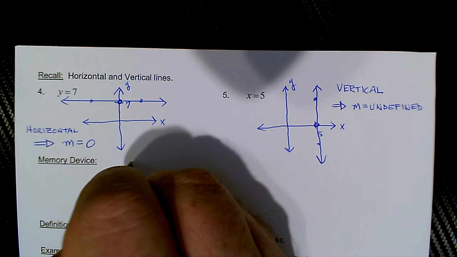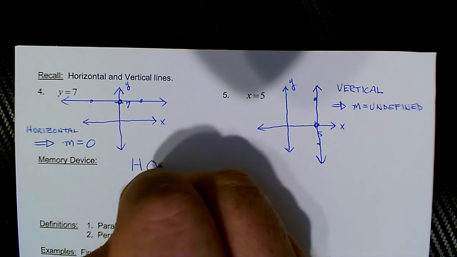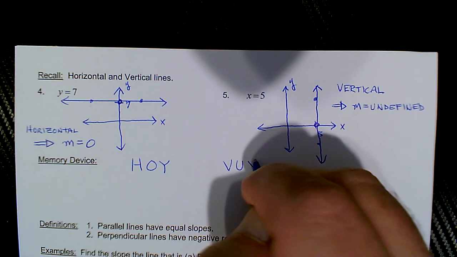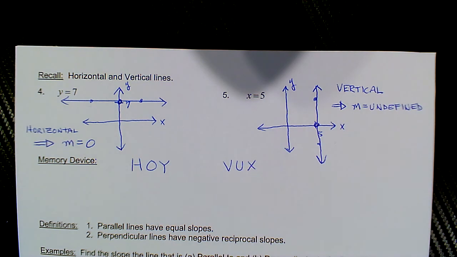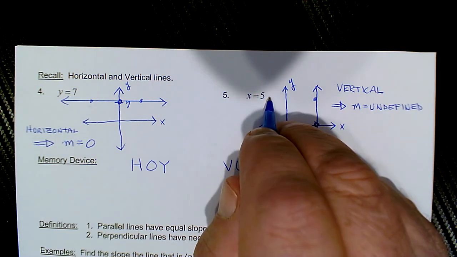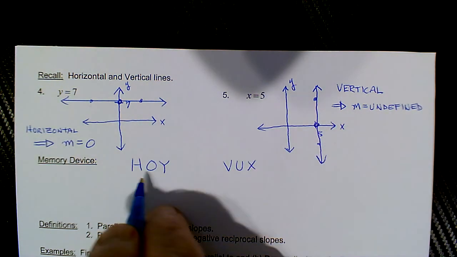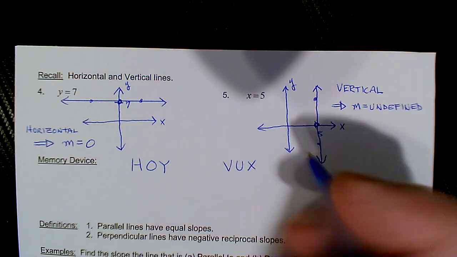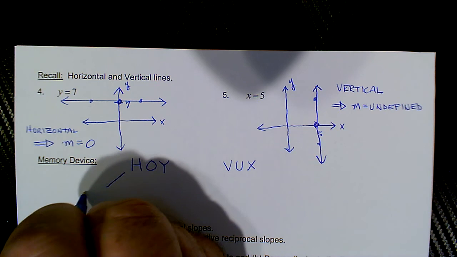Okay, and then the other situation is VUX. Let me move it over so I have more room to talk about it. For VUX, you have a vertical line, and the slope, I like to say it's undefined.